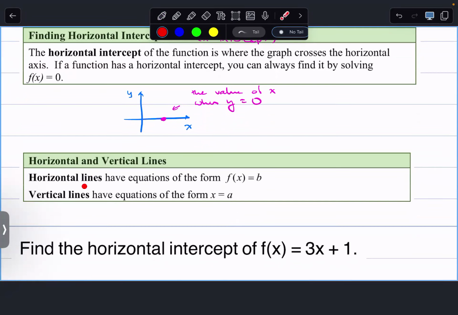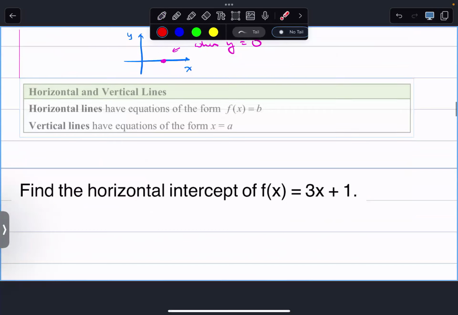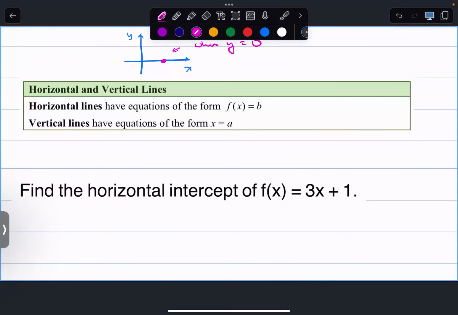Horizontal and vertical lines. Horizontal lines have f of x is equal to b. So a horizontal line looks like this, right? I always have to kind of talk myself through it, right? But the horizon goes like this.